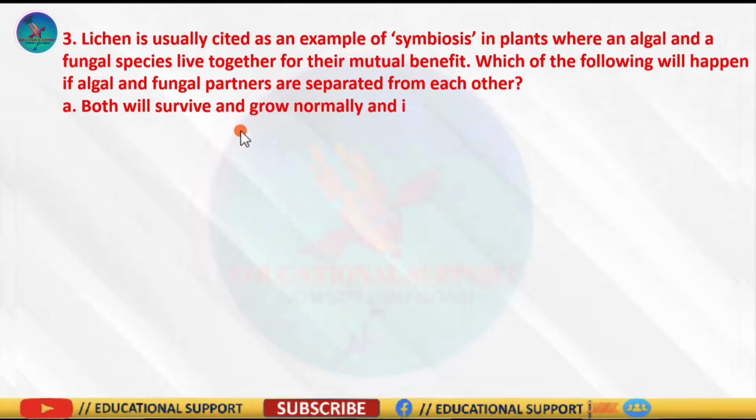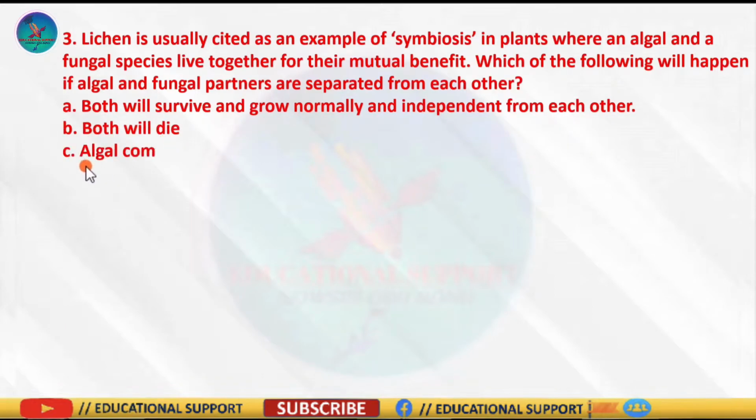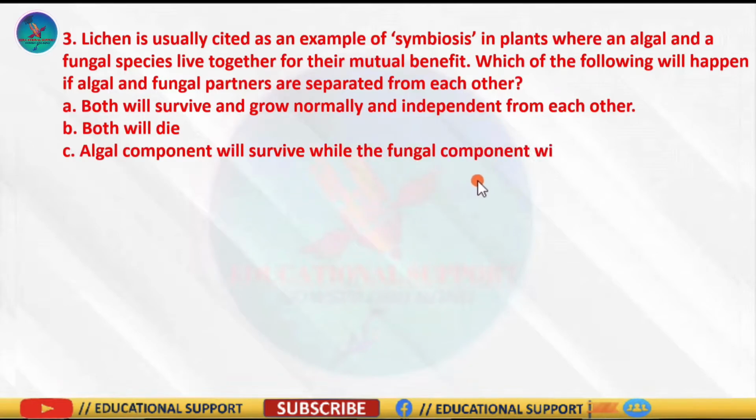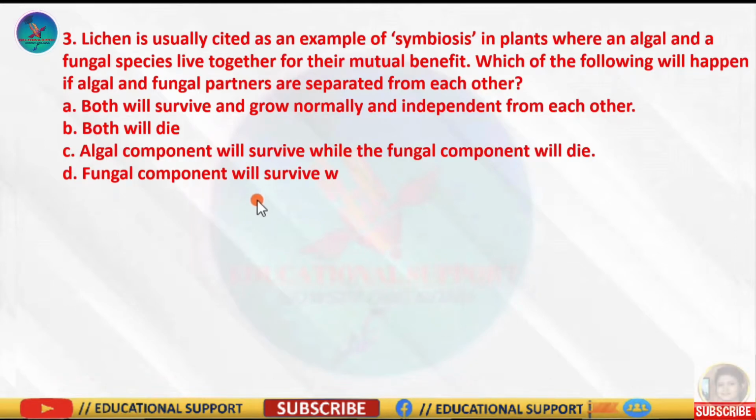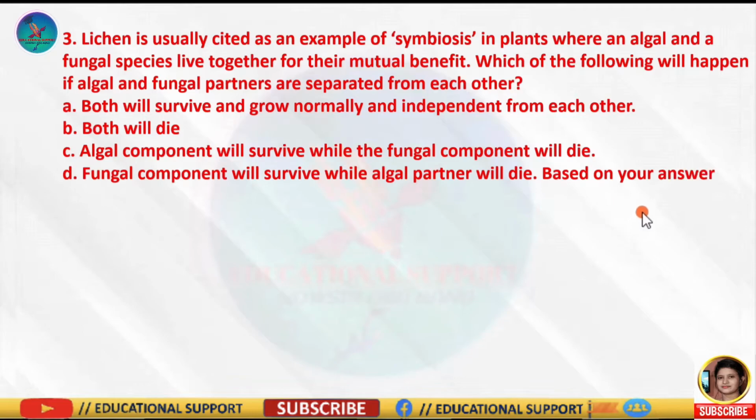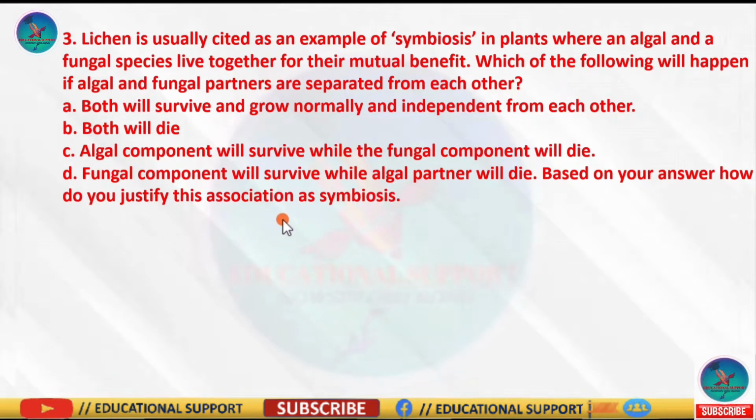Option A, both will survive and grow normally and independent from each other. Option B, both will die. Option C, algal component will survive while the fungal component will die. And option D, fungal component will survive while the algal partner will die. Based on your answer, how do you justify this association as symbiosis?